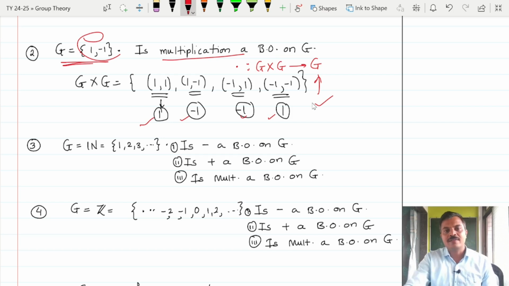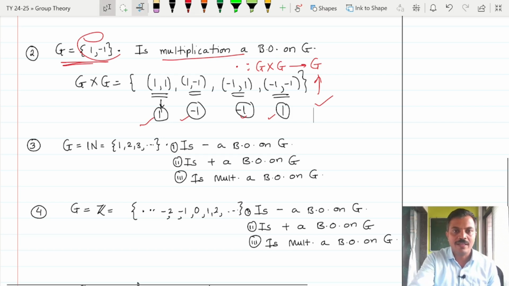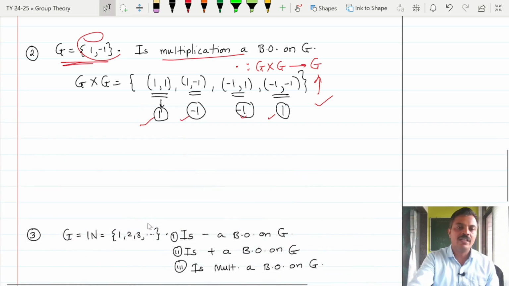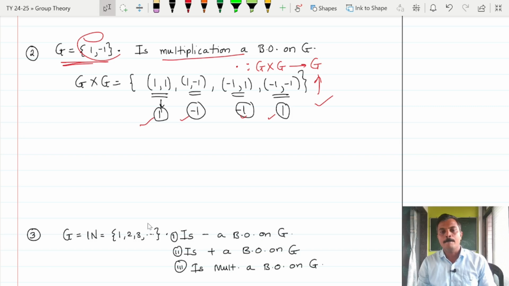Now what happens is, when the set is finite, we can calculate G cross G, right? But if the set becomes infinite, then it is very difficult for us to find the entire domain, that is G cross G. So we are supposed to understand the logic first.